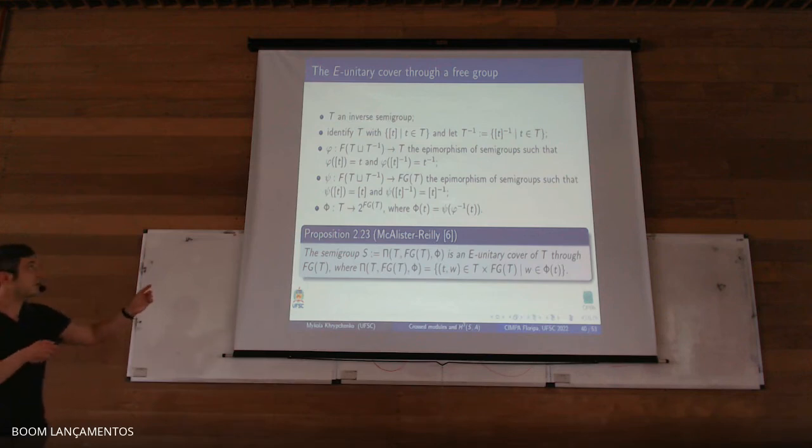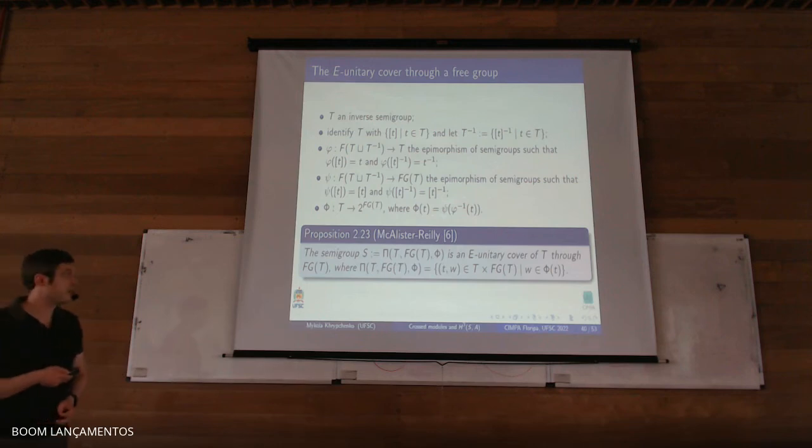In your word, you could have subwords of the form t t inverse, and you could not cancel them in the free semigroup, but in the free group you can. So you just make this cancellation, and it gives you an element of the free group. So this sends T to all the words in the free group which represent this T.